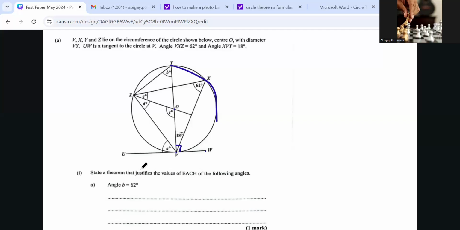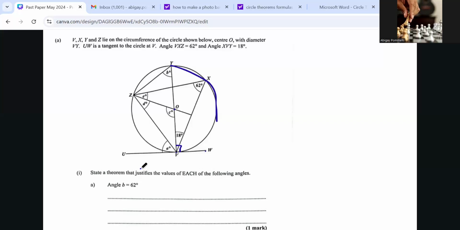Hold on, let us go through the theorem again before we continue. All right, so that theorem. Look for the tangent, right?